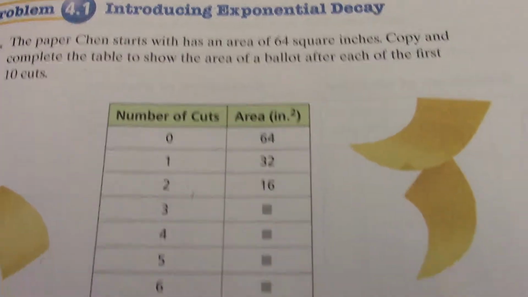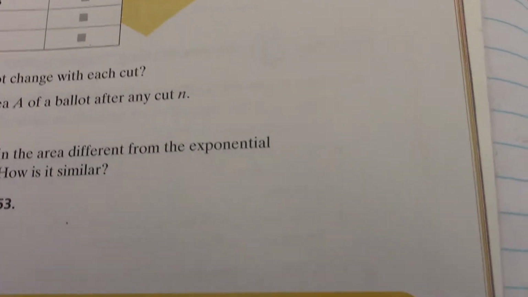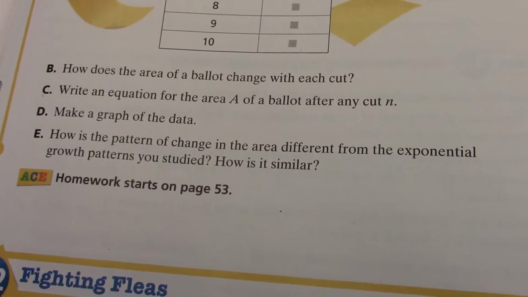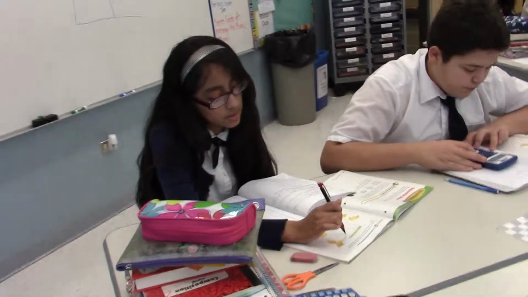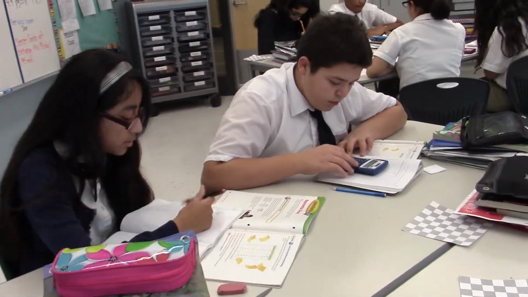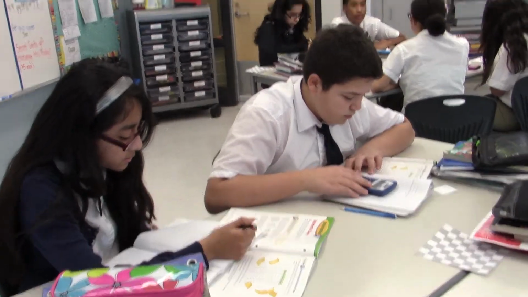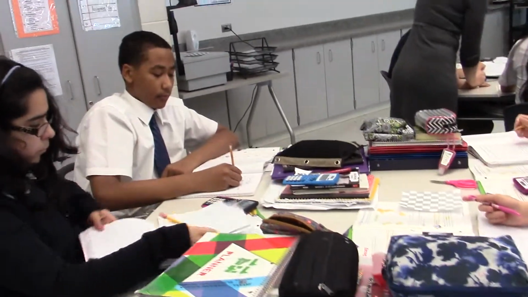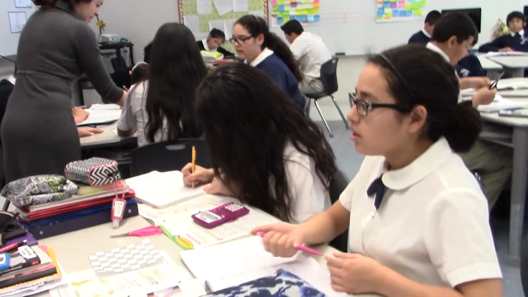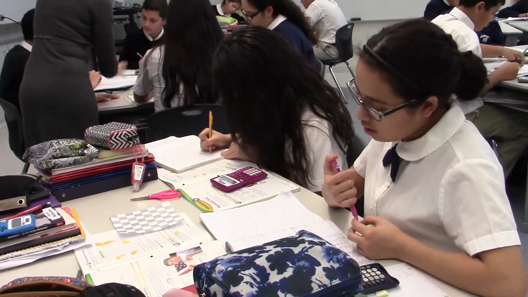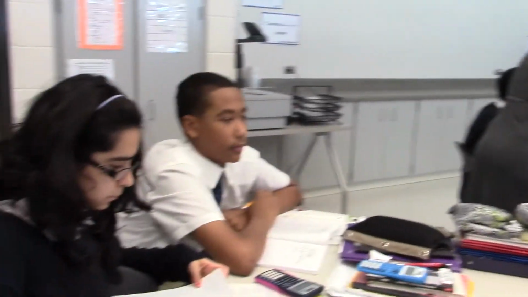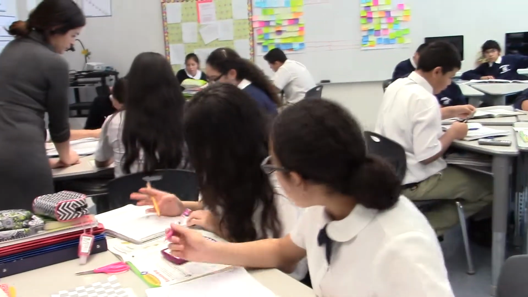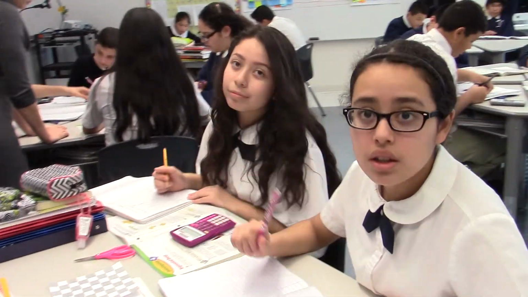It says write an equation for area A of the ballot after any cut n. So how does 0 relate to 64 and how does 1 relate to 32? And all the other numbers. Divided by two, with variables in the equation, A and n. You have to make the equation exponential. How do you know that it's exponential?